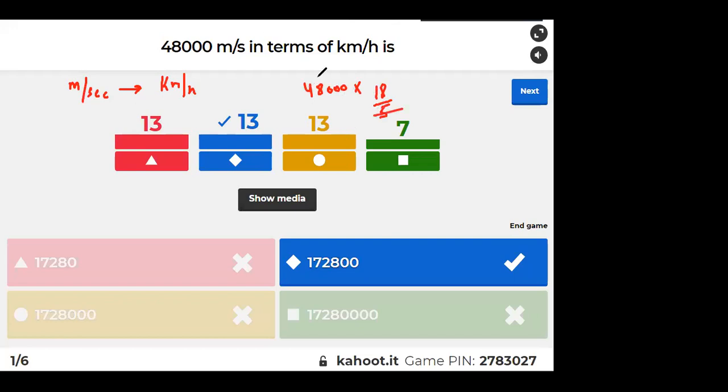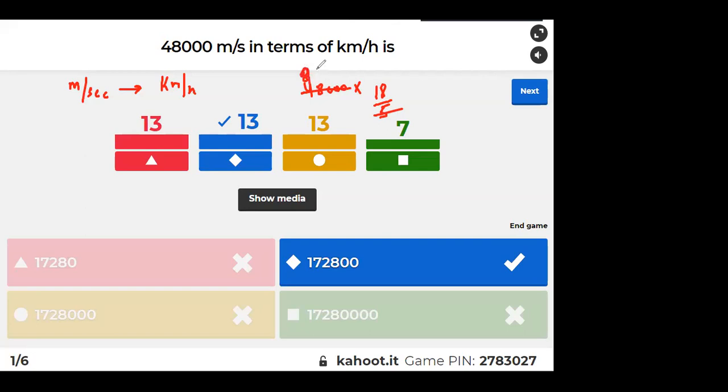So tell me what we will get. I guess all of you understood. This is 8, right? If you divide this, you will get what? It is 480, right?